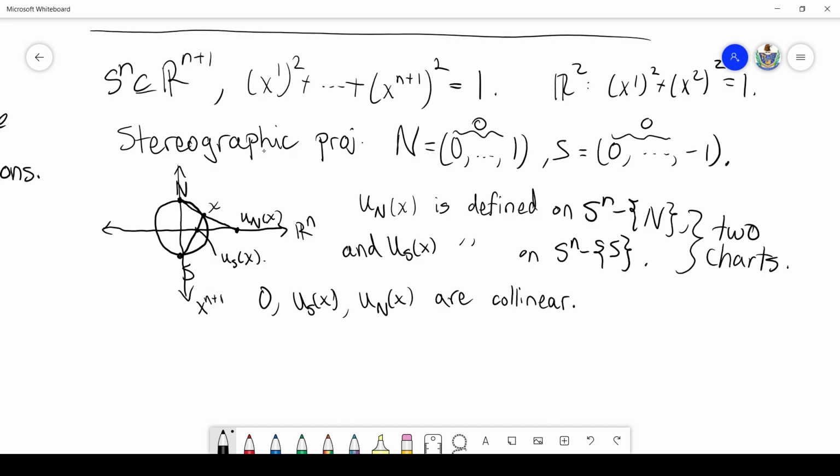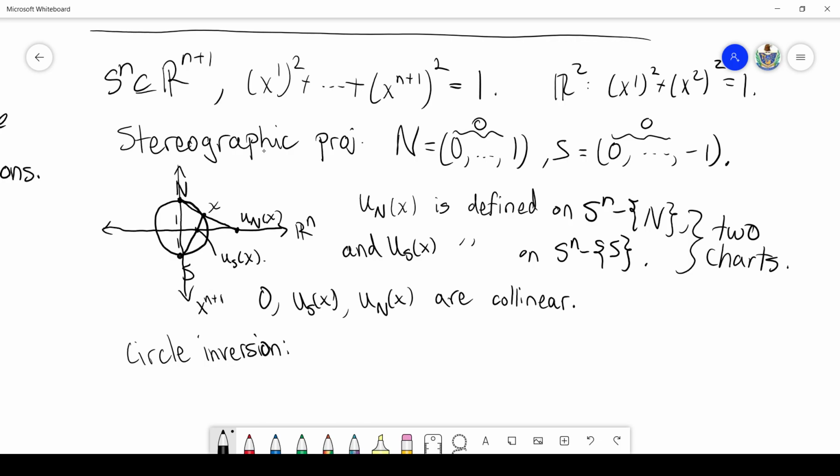They don't necessarily lie on some coordinate axis, but they will lie on some line in the plane Rn. And in fact, they are related in terms of circle inversion, which I find interesting. So we know that the radius of this circle is 1, right? Because it's the unit circle.